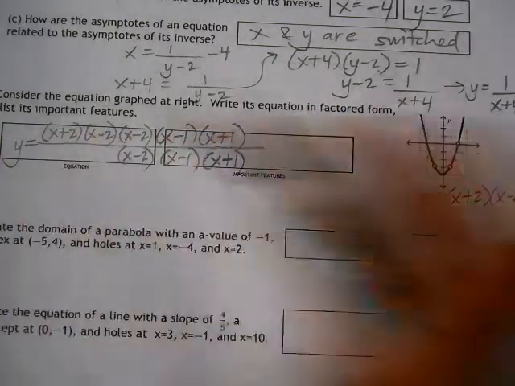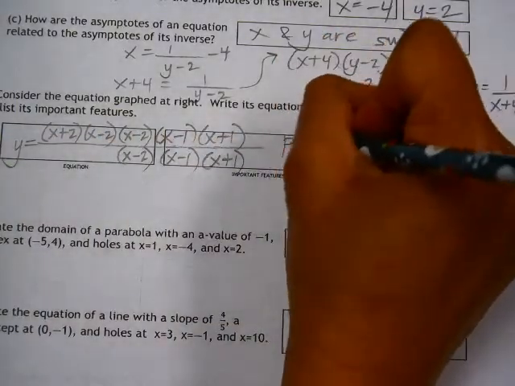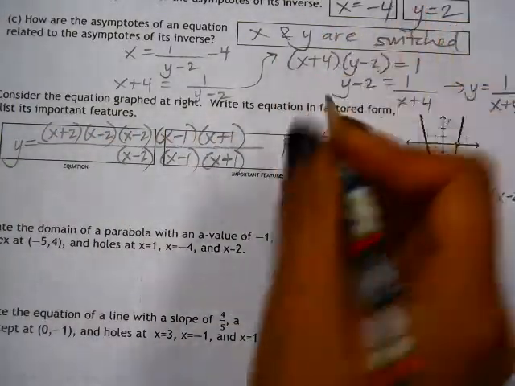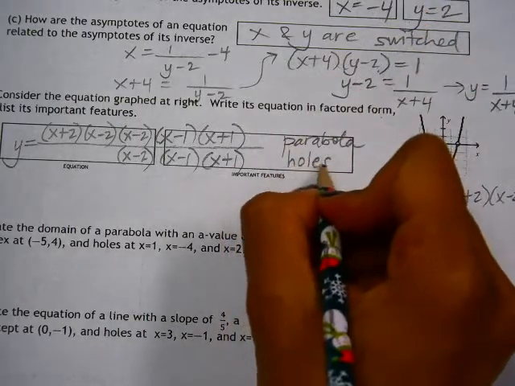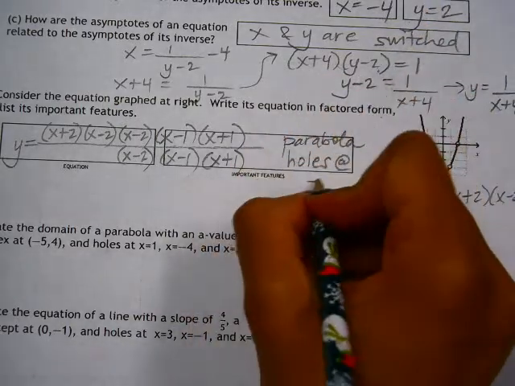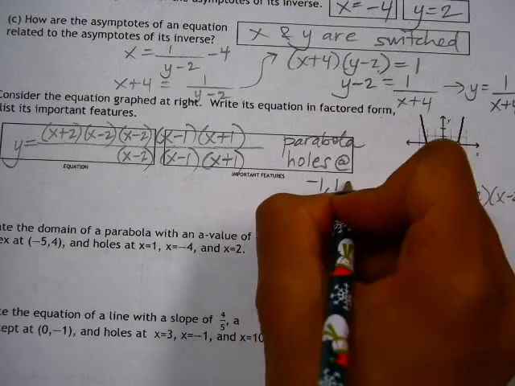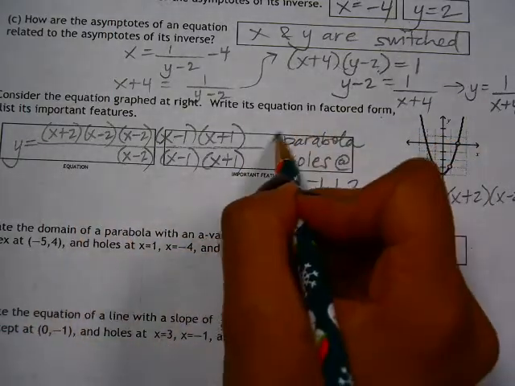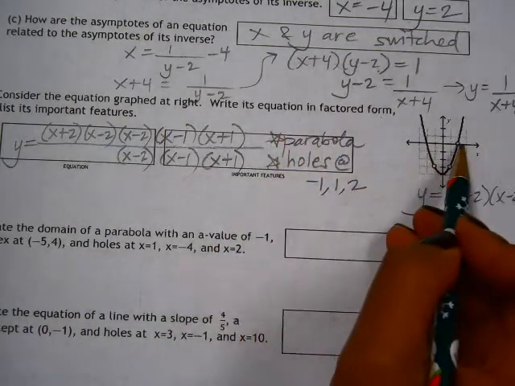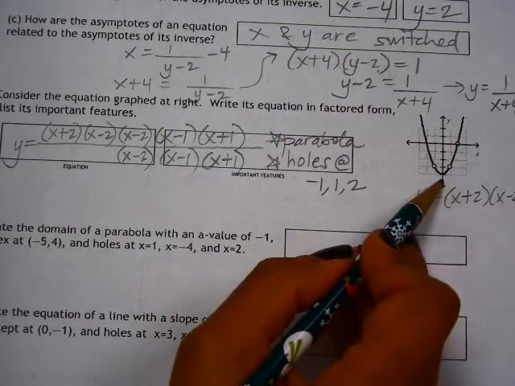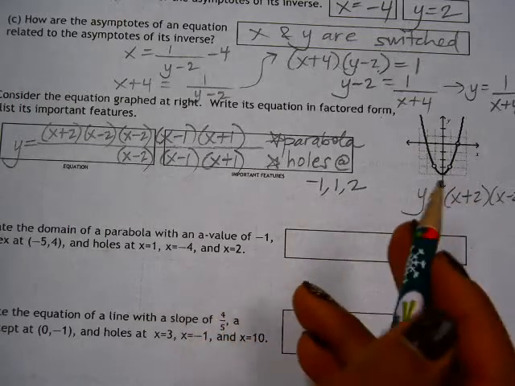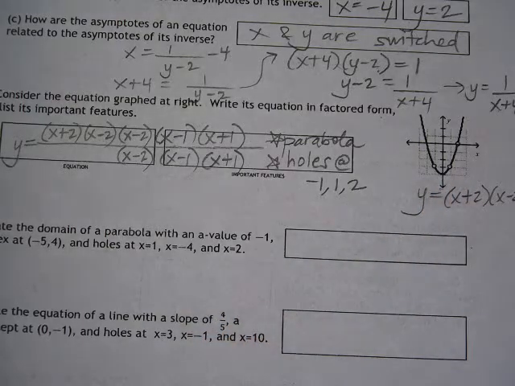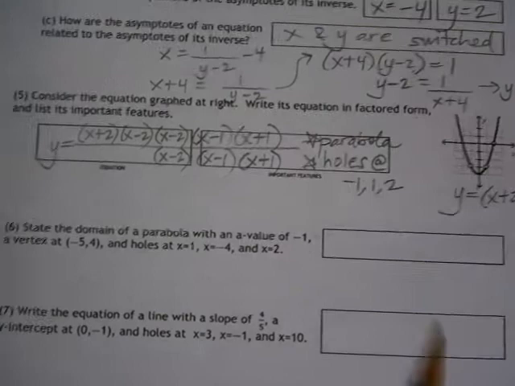Important features would include the name of the graph, so a parabola, the holes of the graph, so holes at negative 1 and 1 and 2. And we could also include the roots, so we could put roots at 2 and negative 2, or the vertex at 0, negative 4.